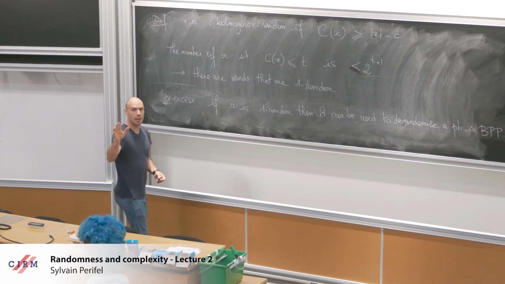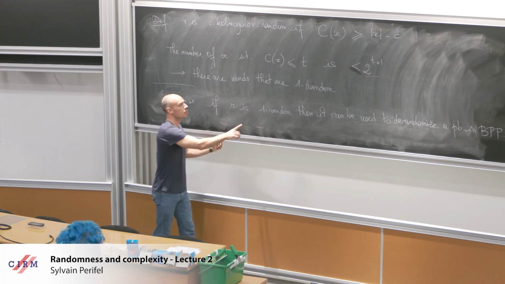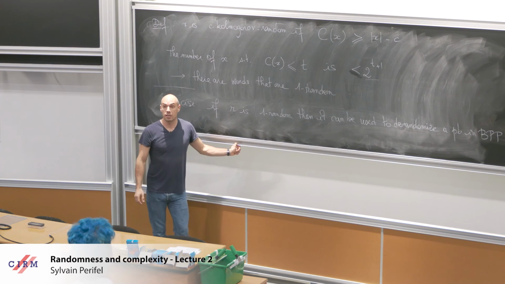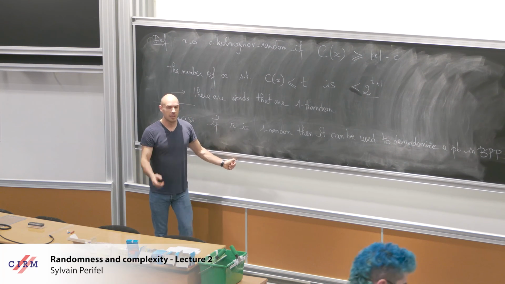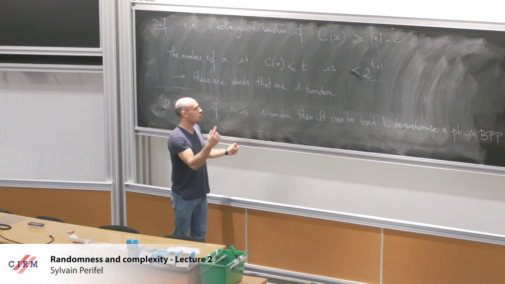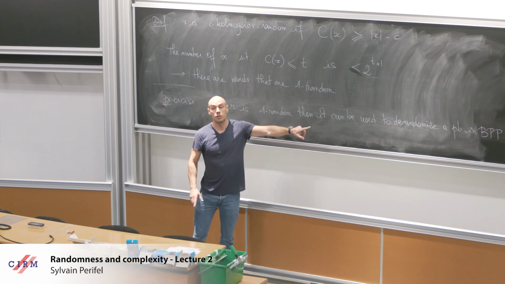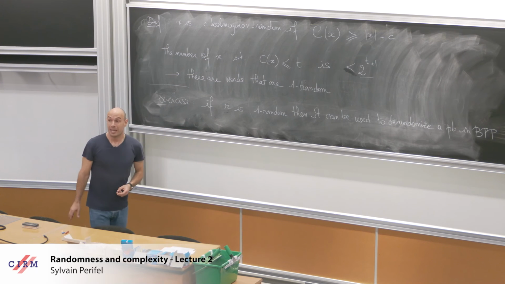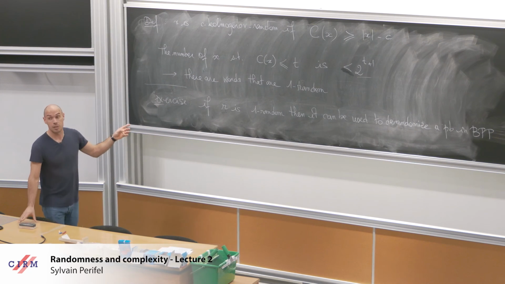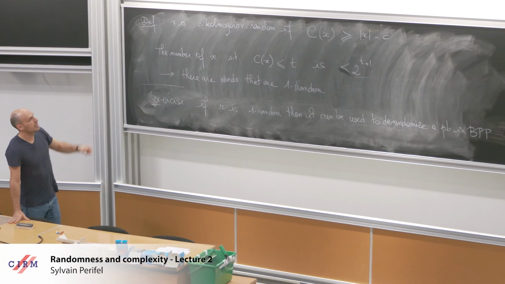So constructing this is a bit... I'm not sure the question was to construct a random string. Indeed that is impossible to do constructively, but probably to construct a string that is enough to de-randomize BPP, I hope. That's what I understood. But thank you, indeed, Kolmogorov complexity is uncomputable. You cannot compute the complexity of a string.